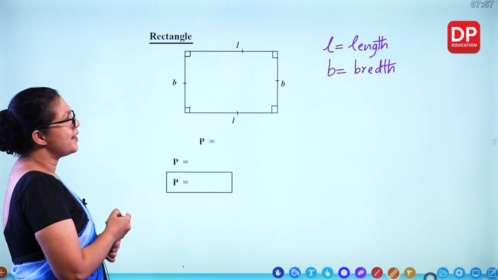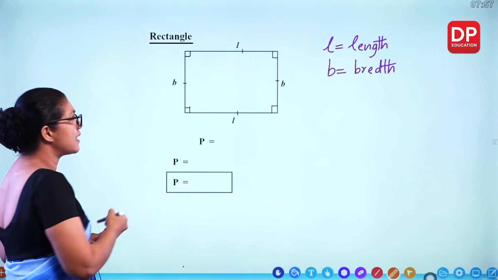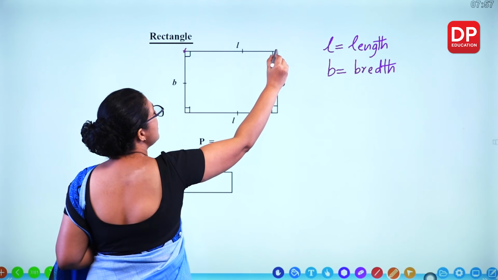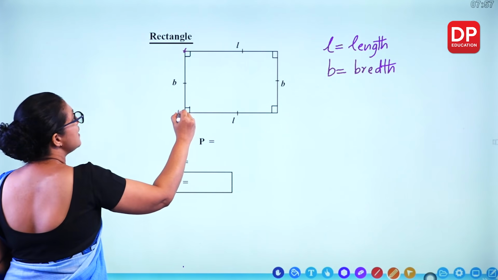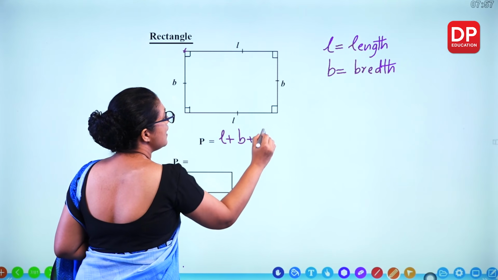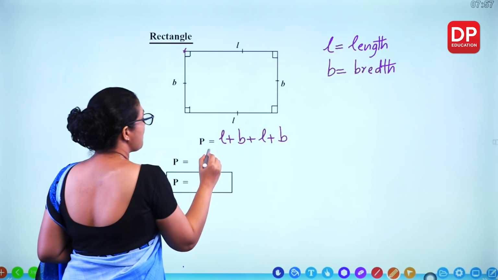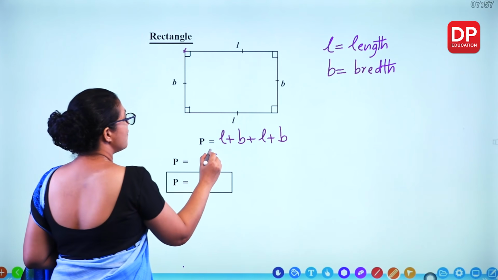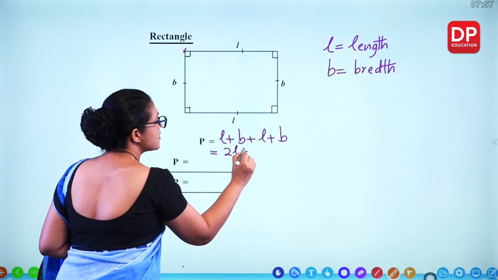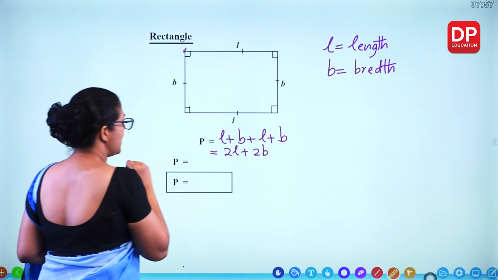So how do we find the perimeter of a rectangle now? Starting from this place, L plus B plus L plus B. You can add like terms: 2L plus 2B.